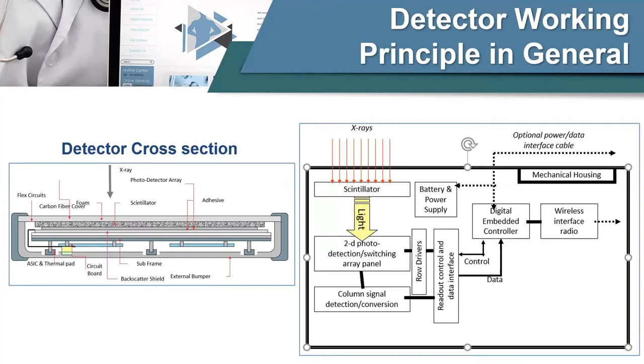Here you could also see that the scintillator light falls on the photodiodes, which is converted again into an embedded controller system. Through wireless, it is transferred into a console without any wire system. It is transferred as a wireless system. Next.